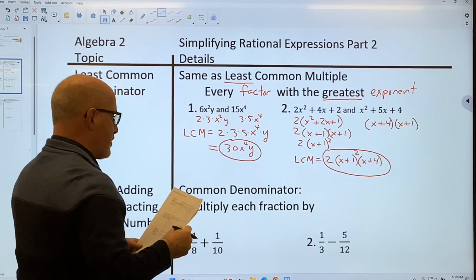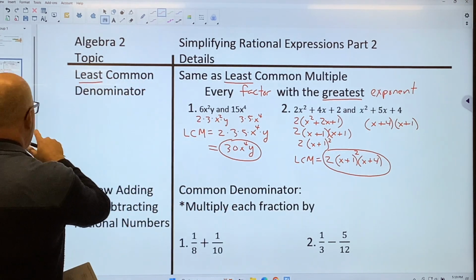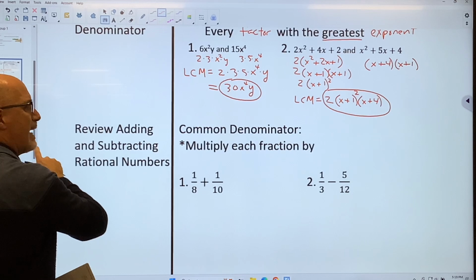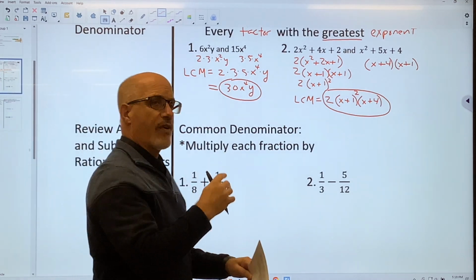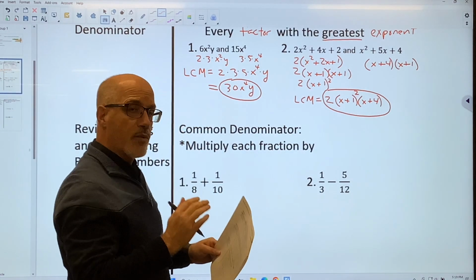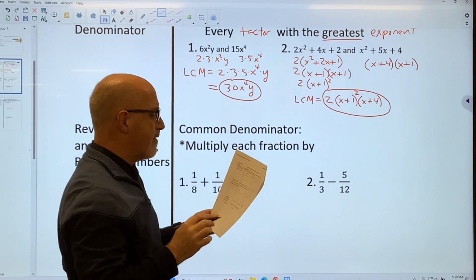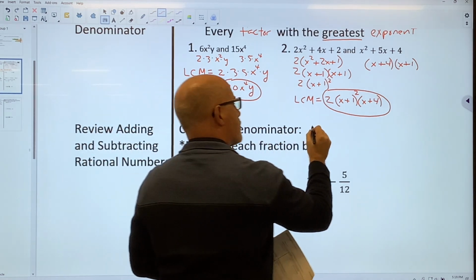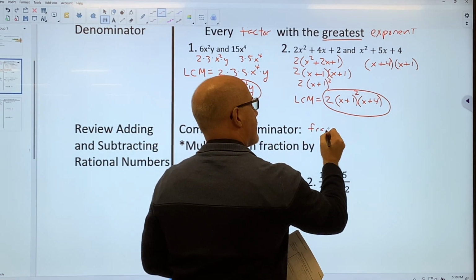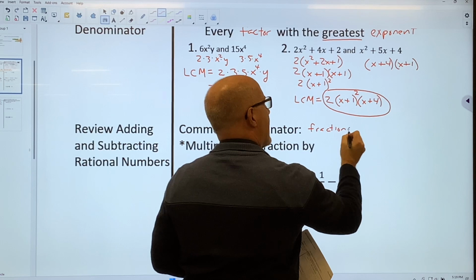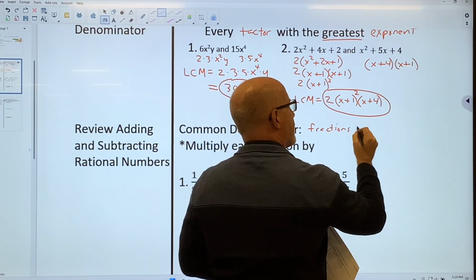All right, now let's go ahead and get some ideas in order to do it with fractions. So we have to remember that when we have fractions that are added or subtracted, we have to have a common denominator.